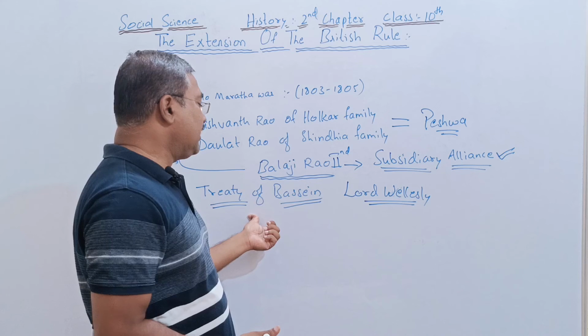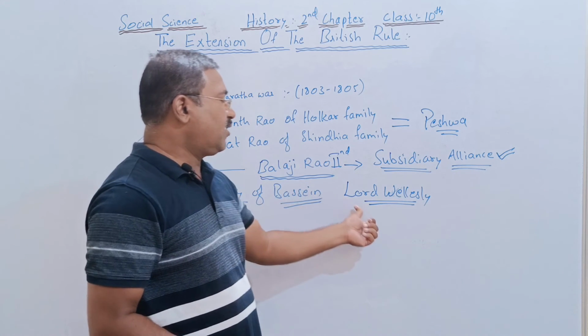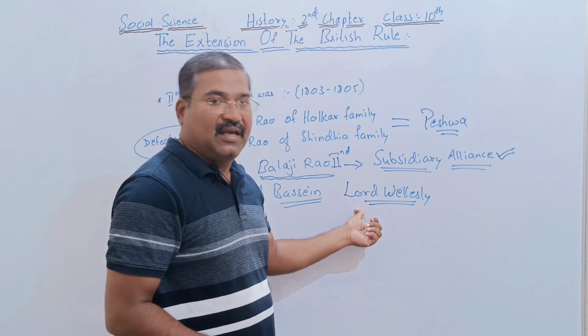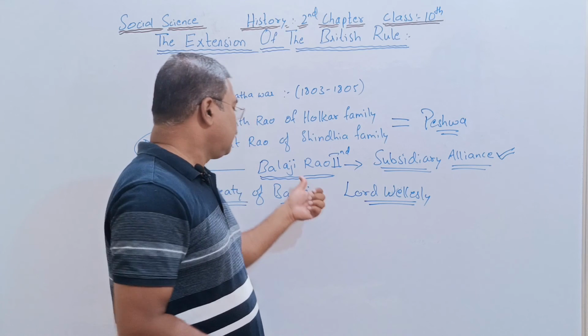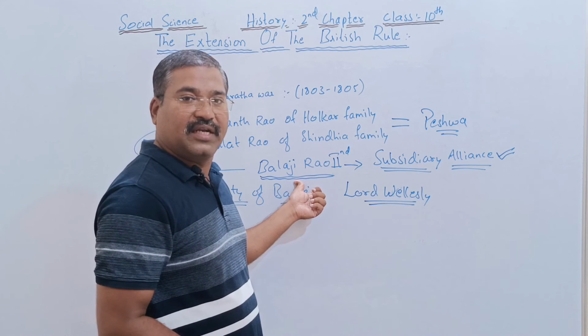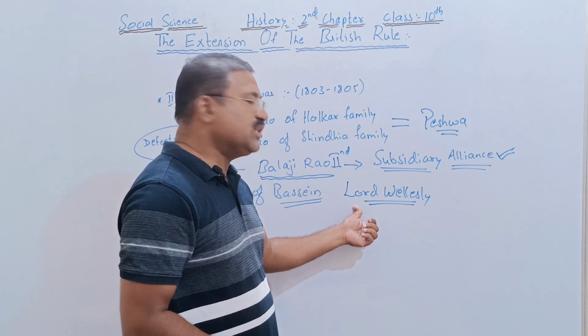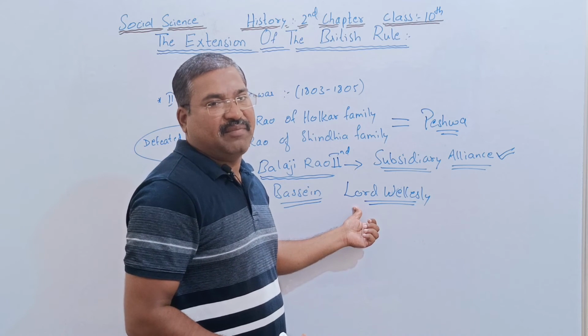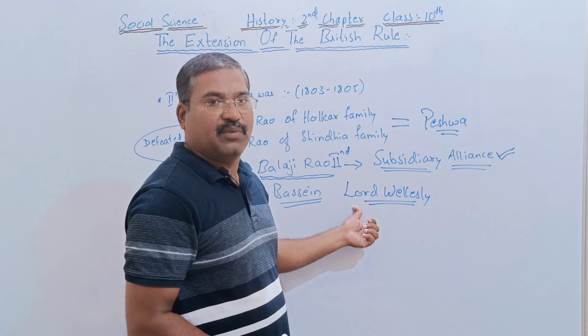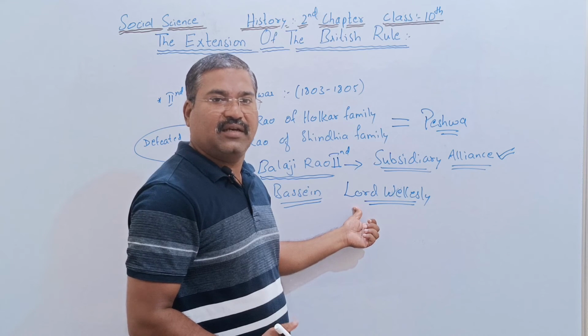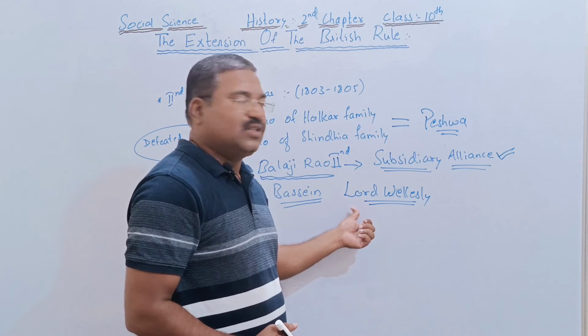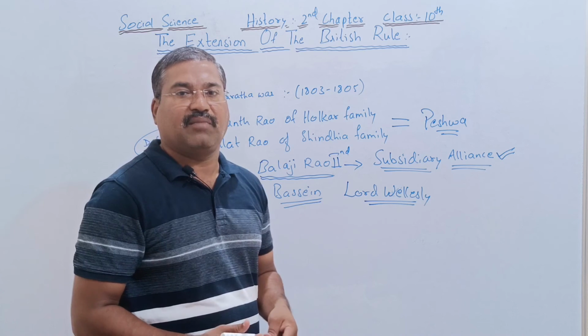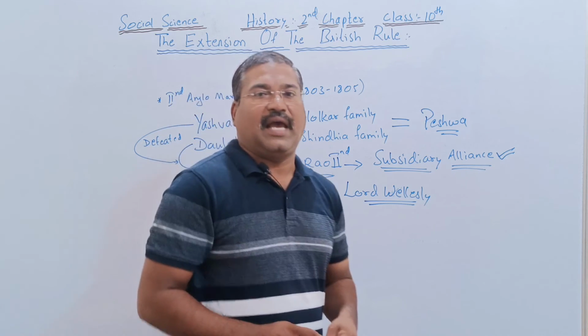By signing the Treaty of Basin, Lord Wellesley interfered in this matter, and the result was that peace was temporarily maintained. Lord Wellesley, due to his battle thirstiness, had to resign his post and move back to his country. So in this way, the Second Anglo-Maratha War comes to an end.